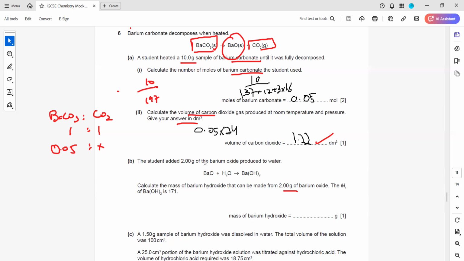When I write the mass of barium oxide according to the periodic table, 137 plus 16, it was 153. So 153 makes 171. If I had 153 grams of barium oxide, it would give 171. So if I have 2 grams, then this will be X. Cross multiply.